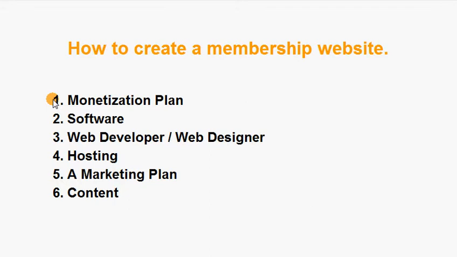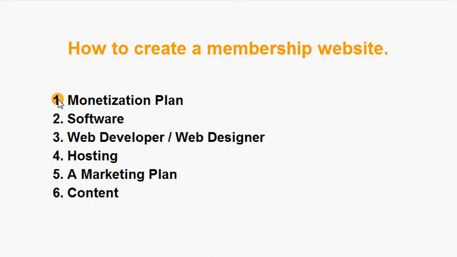All right, number one, the first thing you're going to need is to come up with a monetization strategy. A lot of people have an idea about what they want as far as a website, but they have no clue as to how that website is going to make money. So we start with our monetization plan. Basically, how is the site going to make money?